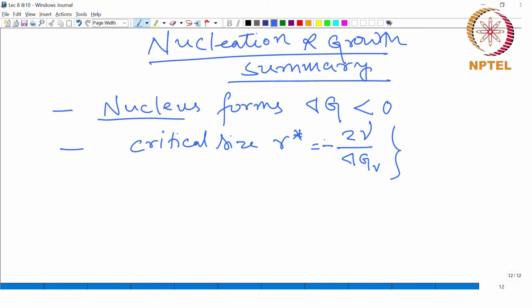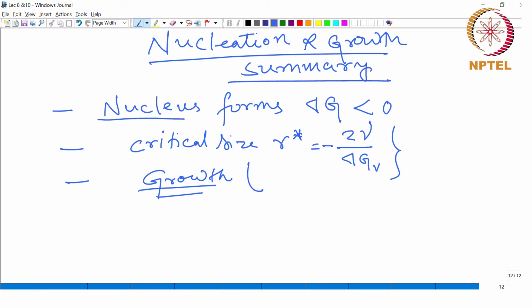And once it attains this critical size, the growth process will start, when the nucleus or the solid particles will grow to a bigger size. Okay.